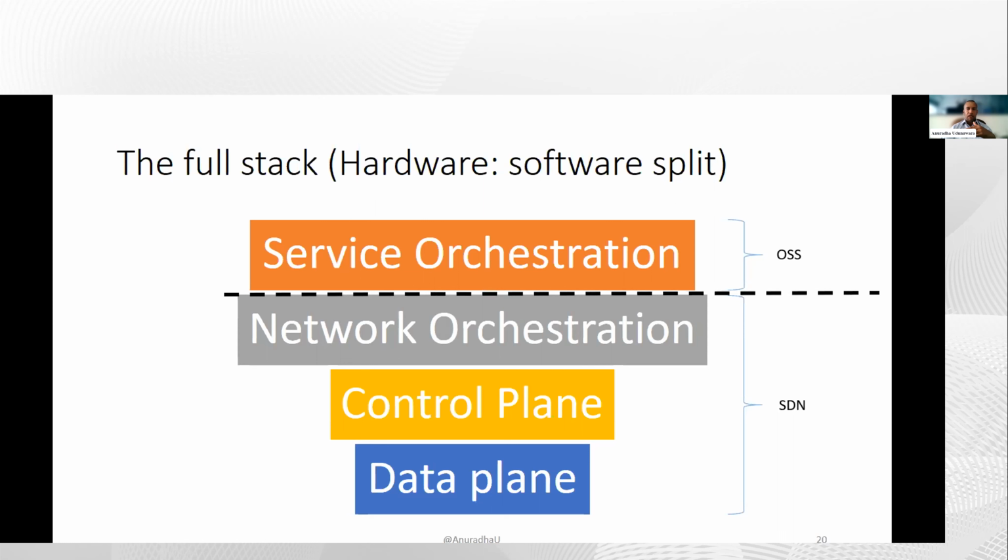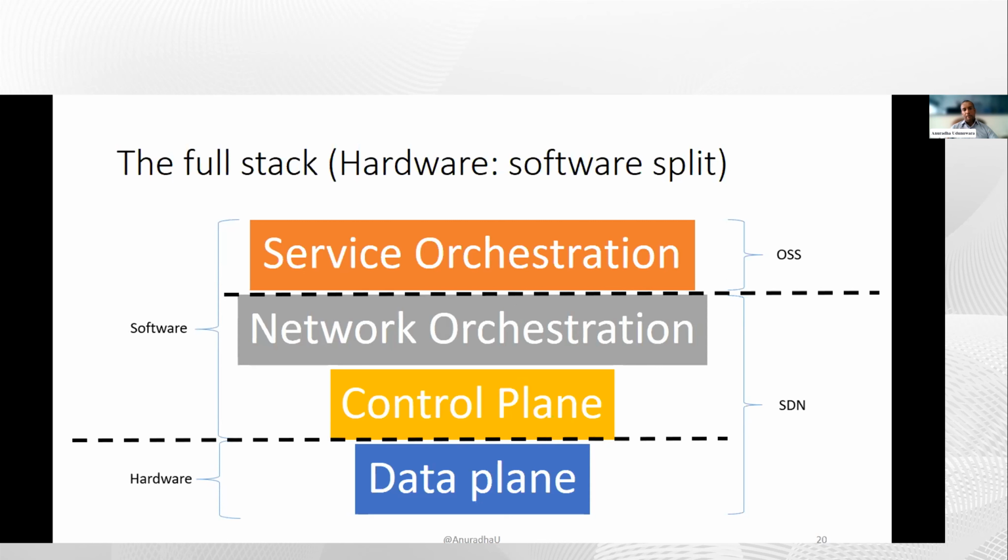One is on what sort of capabilities you expect to have on the OSS side, or really the operation support side, and what sort of capabilities you want to have on the SDN, or software-defined network side. And on the other side, we see most of the things, as I said, once abstracted, come to the level of software, leaving just the hardware, your transport gear, in your data plane.